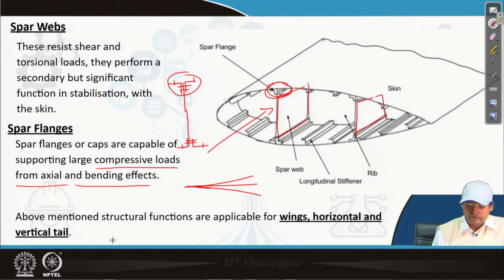The above mentioned structural functions are applicable for wings, and horizontal and vertical tail planes. All these descriptions are applicable equally for the horizontal and vertical tail.